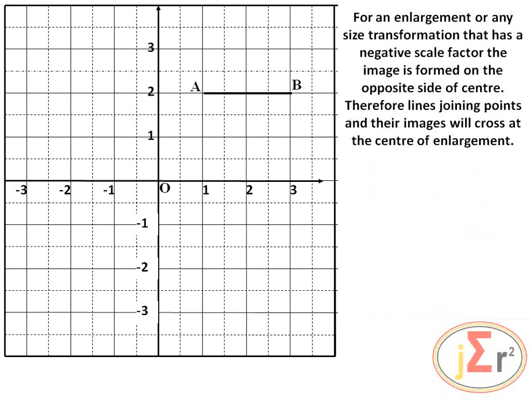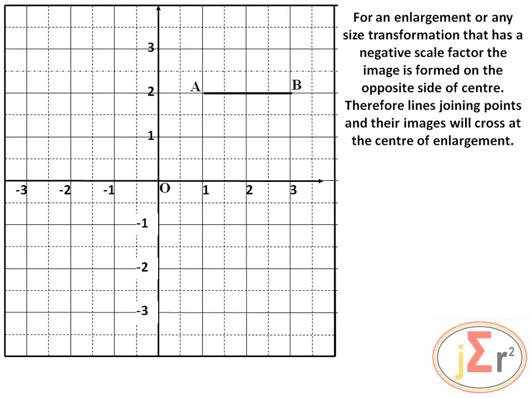Now, this one, we are putting under the microscope also the one for the enlargement with a negative scale factor. For an enlargement or any size transformation that has a negative scale factor, the image is formed on the opposite side of the center.